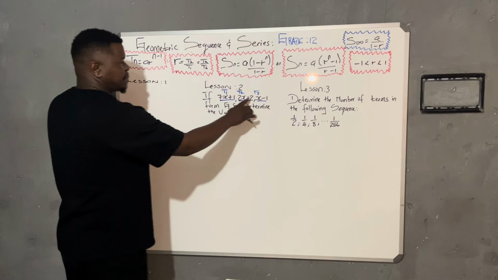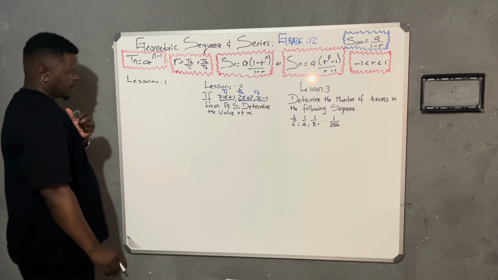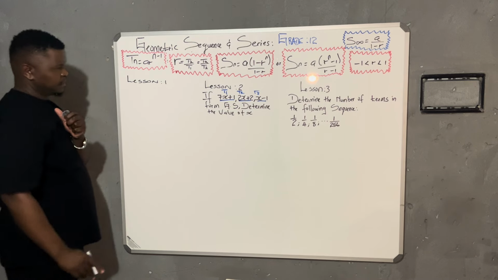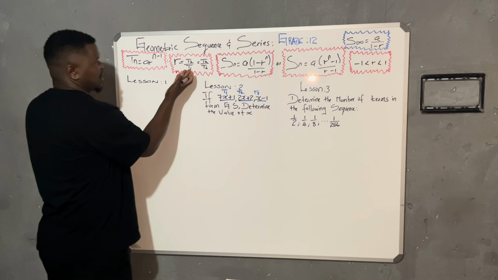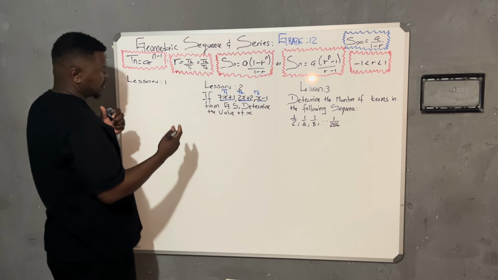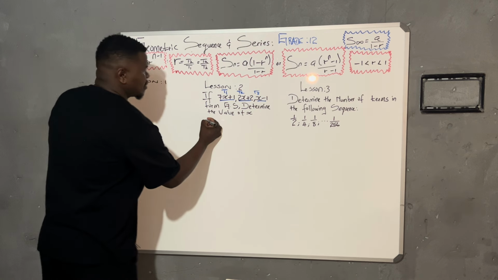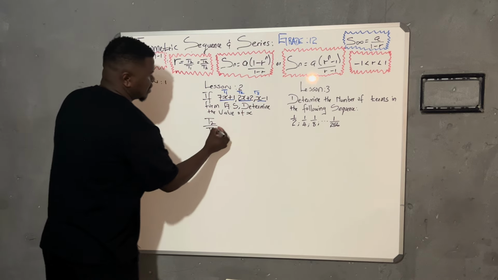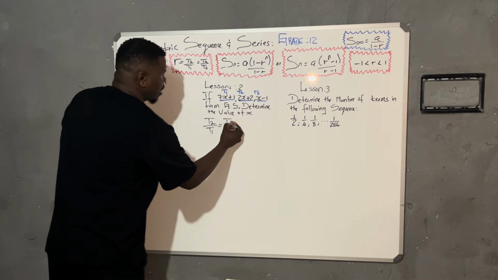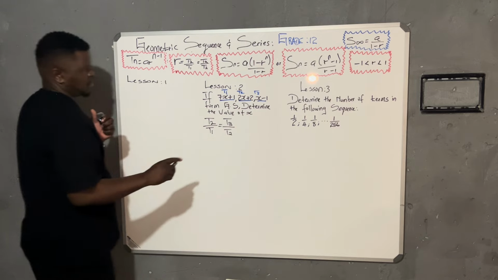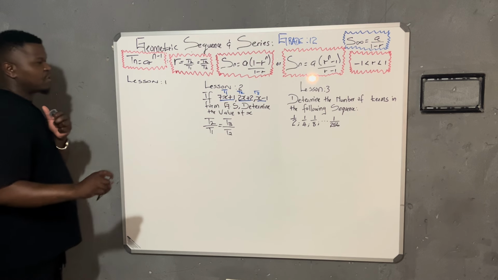What does x represent? Now that we are talking geometric, learners need to know that we still apply what we're doing here with our ratio. The way we are finding a ratio, we still apply the same thing. So basically, we agree that term number 2 over term number 1 should be equal to term number 3 over term number 2. It's a creation of formula.